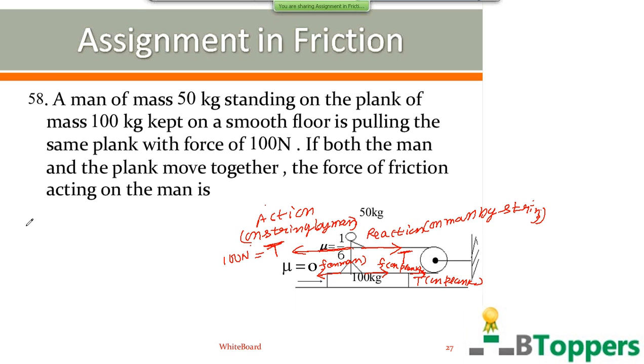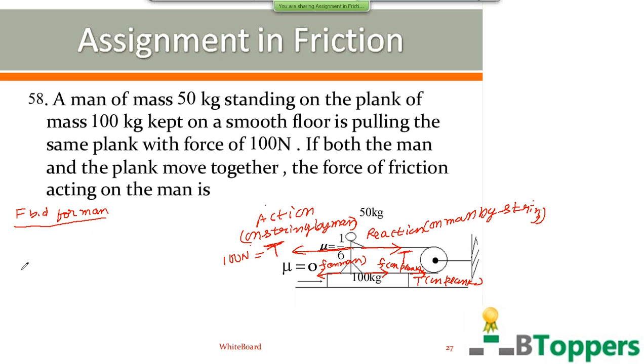So I draw a separate free body diagram for the plank and a separate free body diagram for the man. I am showing the forces in the horizontal direction specifically. I don't mean there are no forces in the vertical direction. Forces are acting even in the vertical direction, some forces like weight, mg, and normal force. But there is no motion in the vertical direction, so the resultant of forces in the vertical direction is 0.